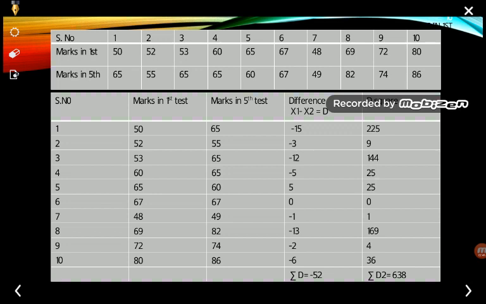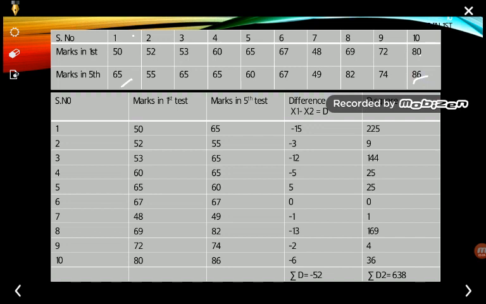Next, the example. We have seen the example. There are 10 samples from 1 to 10, and the marks in the first test were given from 50 to 80, and the marks in the fifth test from 65 to 86. So here we have already entered them in the table.